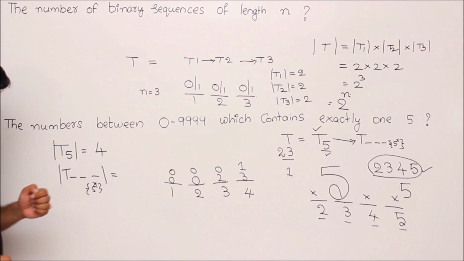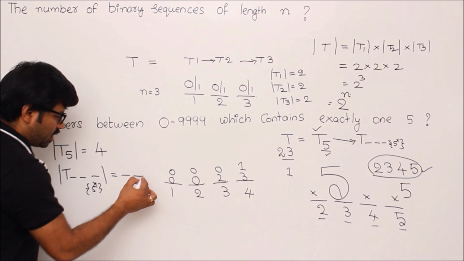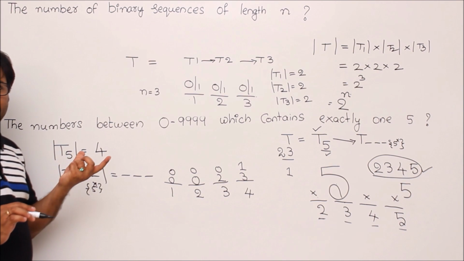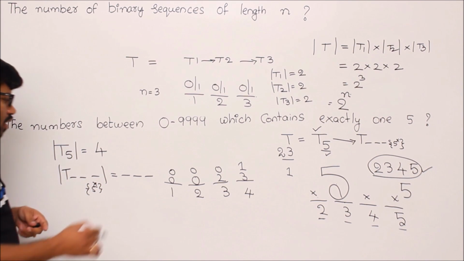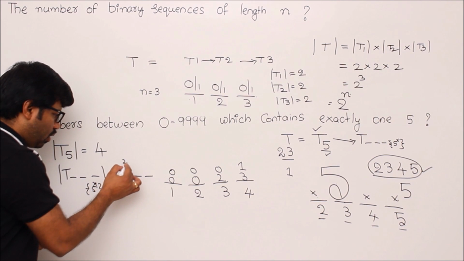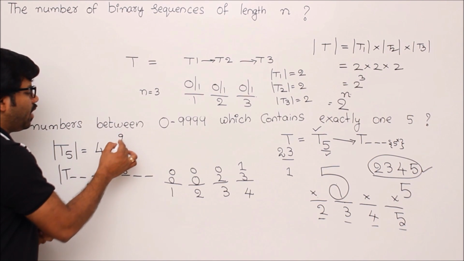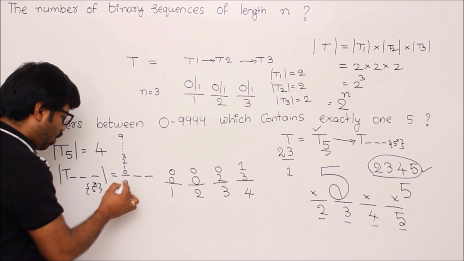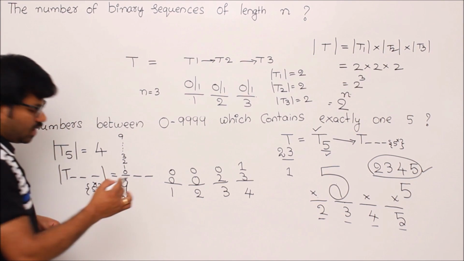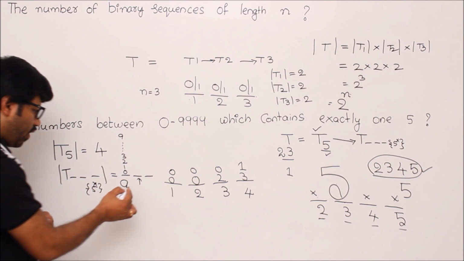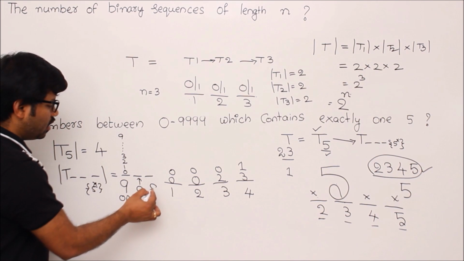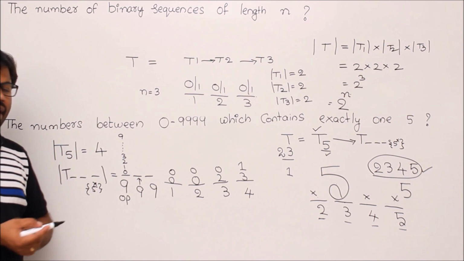We cannot use 5 again, then the problem will be like this. Now there are 3 positions, and in every position we have to fill something other than 5. Then you can fill 0 or 1 or 2, 3, and so on up to 9, but other than 5. Then there will be 9 options for it, isn't it? Now similarly for the second position also, other than 5 you will have 9 options. Third position also, other than 5, 9 options.